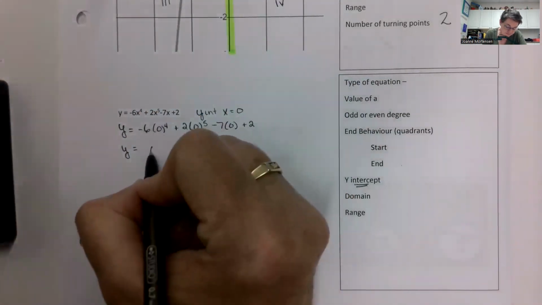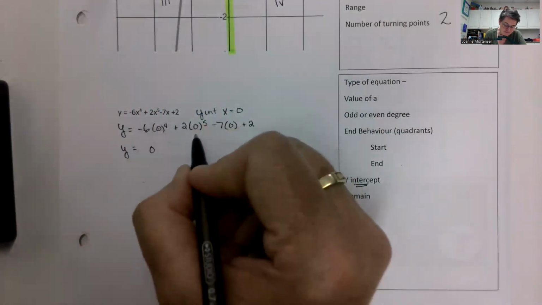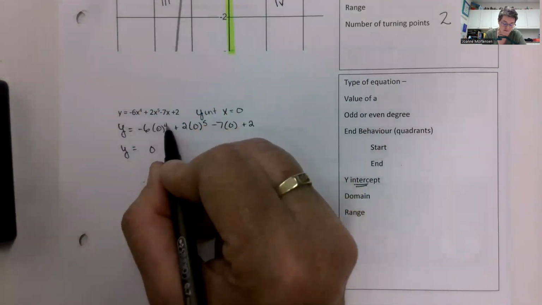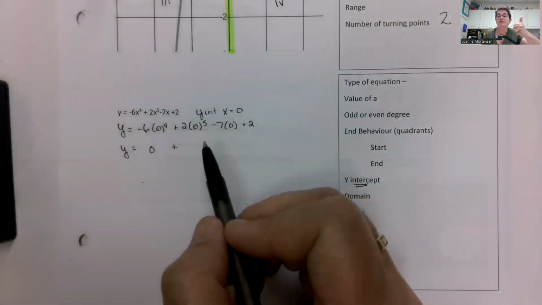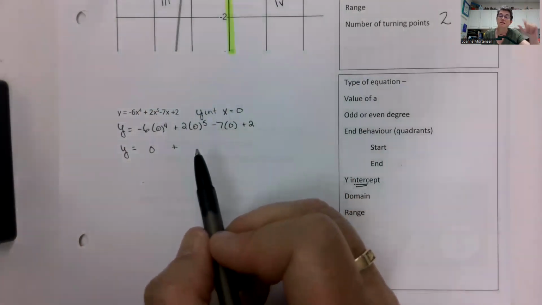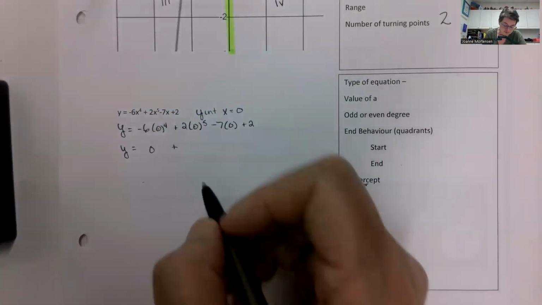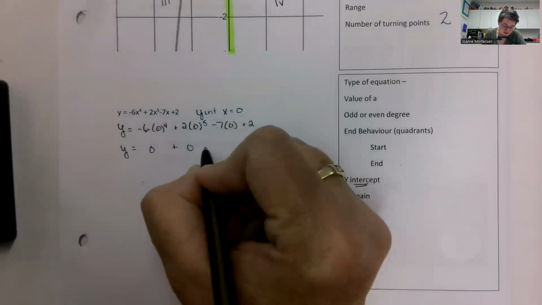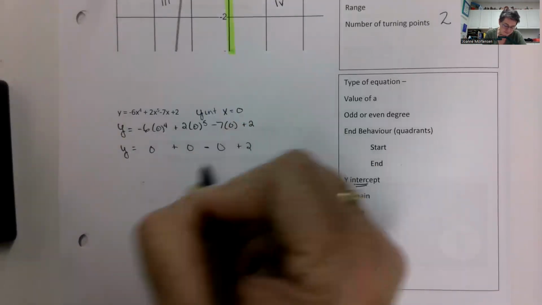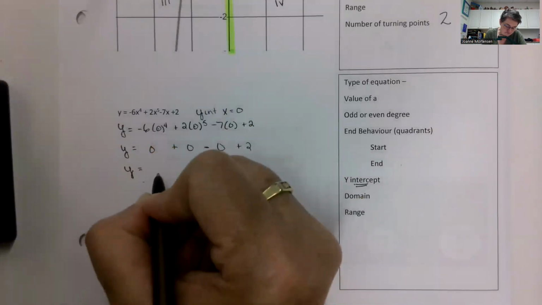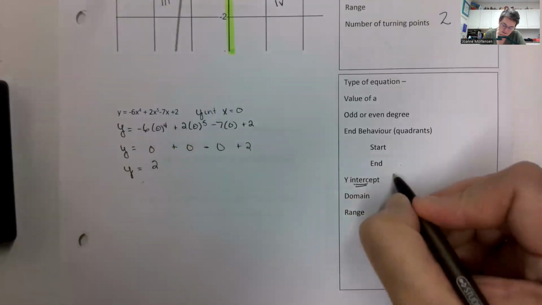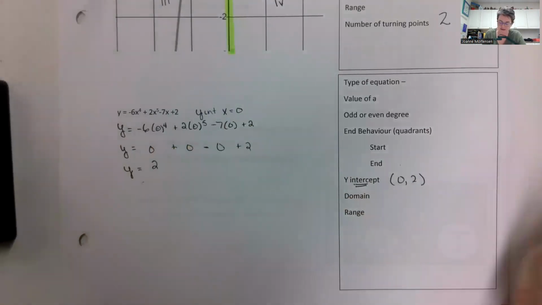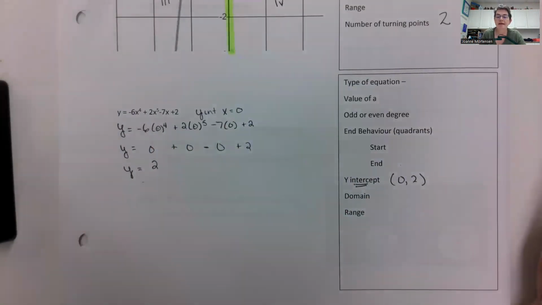That's going to go to 0, because negative 6 times 0 is 0. I'm sorry, 0 to the 4th is 0, times negative 6 is 0. Plus 0 to the 5th, still 0, times 2, still 0. Minus 7 times 0, so minus 0 this time, plus 2. So y is equal to 2. And that means my y-intercept is going to be (0, 2). And that's kind of as far as we're going to get.